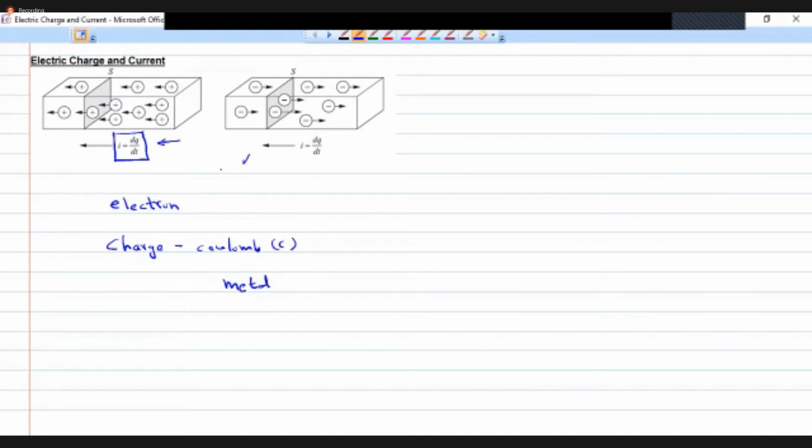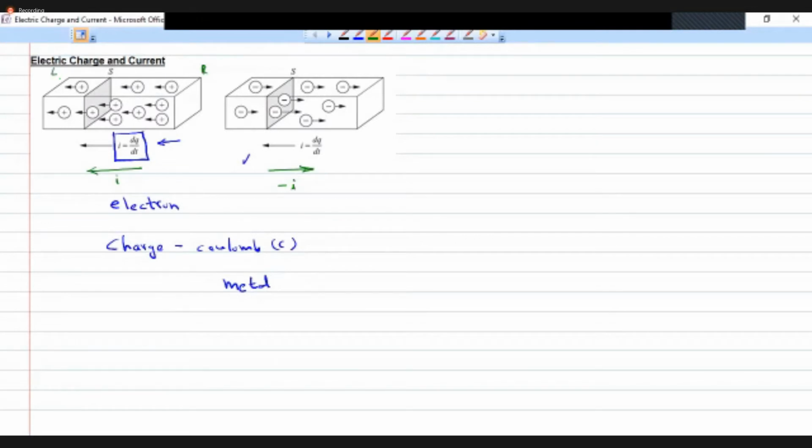If we take current in this direction, that is the positive direction, that is I. If we consider the opposite direction, we write minus I. This minus sign indicates that the magnitude of current is the same, but the direction is reversed. The correct direction is the one we defined as the motion of positive charges, so for this figure the current is from right to left.